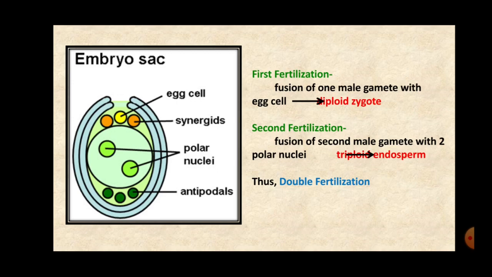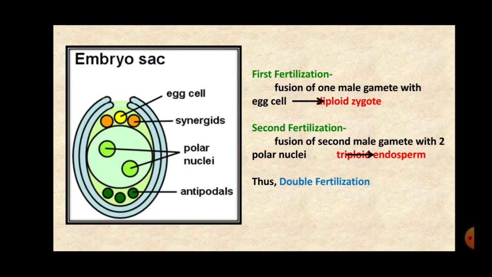So one male gamete unites with the egg cell. Now the male gamete and egg cell are both haploid because they are formed by the process of meiosis, where the number of chromosomes becomes half. They unite, fertilization takes place, and they form a diploid zygote.